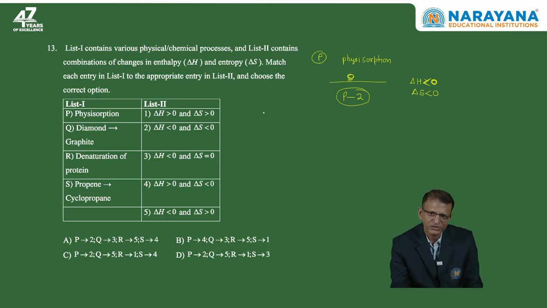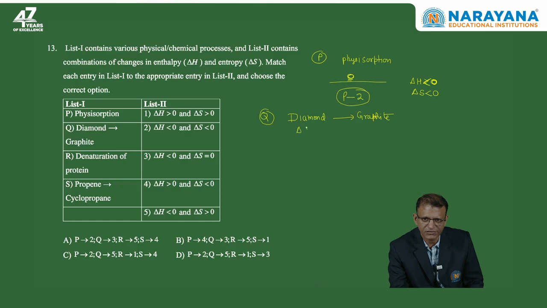Now moving to the Q option, conversion of diamond to graphite. I can prove this process will be exothermic, and that can be proved with the help of thermochemistry also. Diamond to graphite conversion. So we can write that delta H of this reaction is equal to delta H combustion of the reactant, which is diamond, minus delta H combustion of graphite.